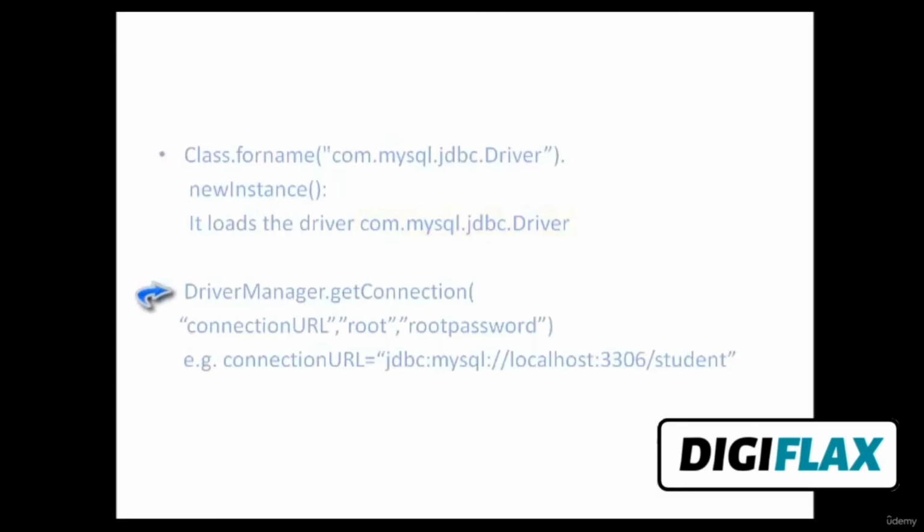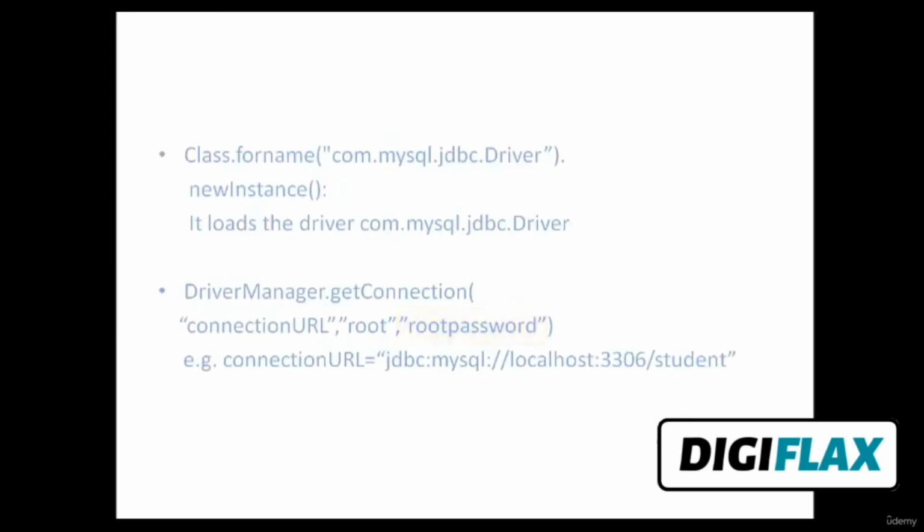DriverManager.getConnection. This function takes 3 arguments. First argument is the connection URL, that is the location of the database. Second argument is the username, that is root. Third argument is the password for the user root.